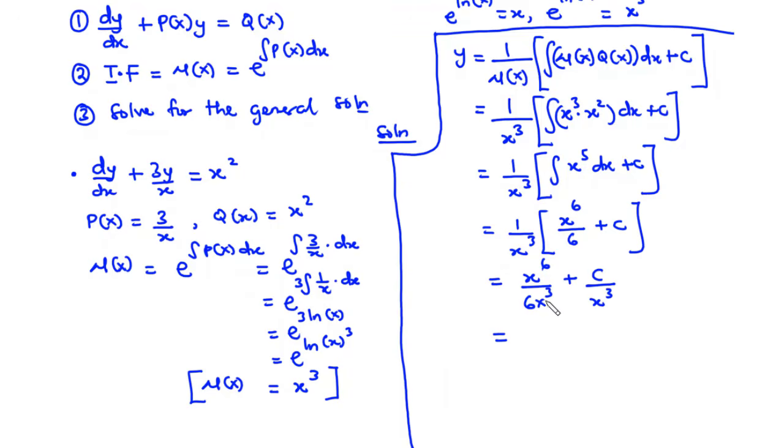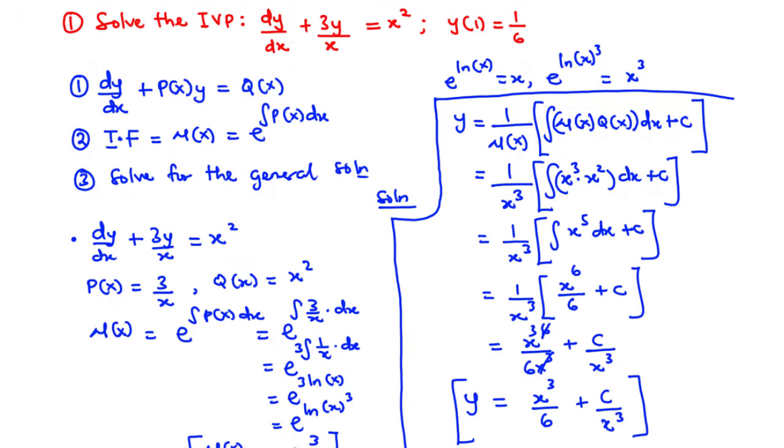We simplify this: the x's cancel out three times, leaving x cubed over 6 plus c over x cubed. So this is the general solution to the differential equation.